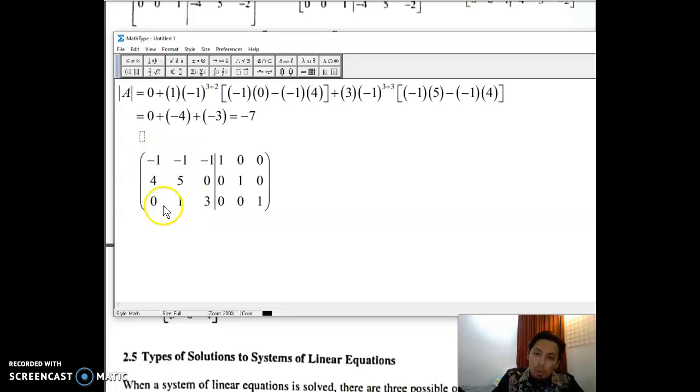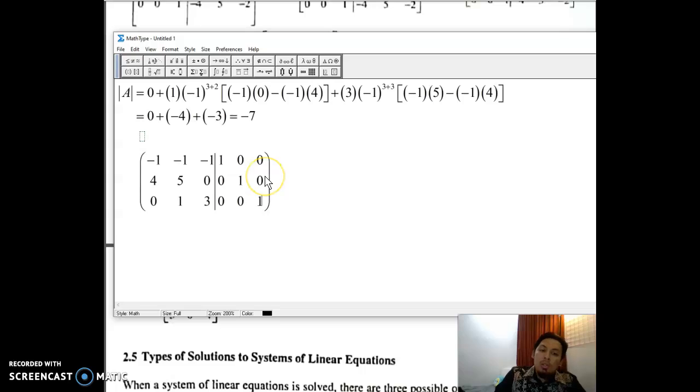We can just change between the rows, not the columns, the rows. And we can also multiply the rows with any value, any scalar, except 0. And we can also subtract or sum between the rows. That is the set of operations that can be done in ERO.